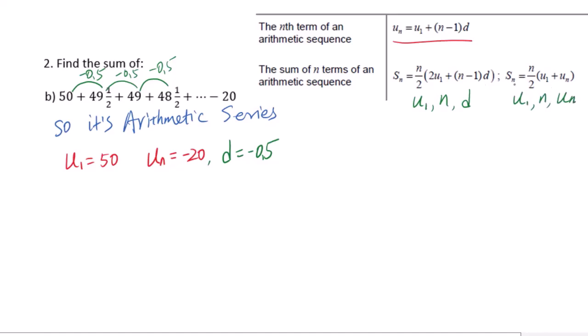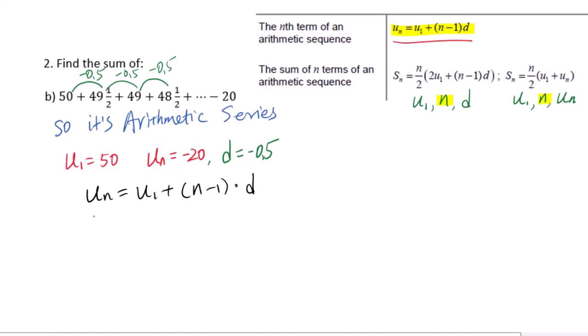No matter which formula you use, you have to know the value of n, how many terms there are in this series. We will use this formula to figure out n: u sub n equals u sub 1 plus n minus 1 times d.